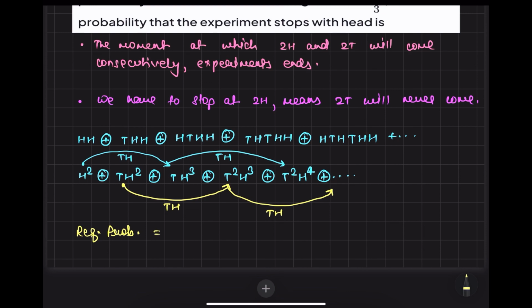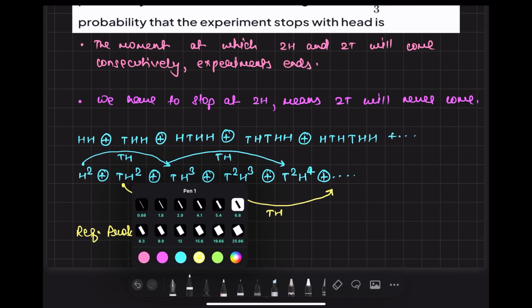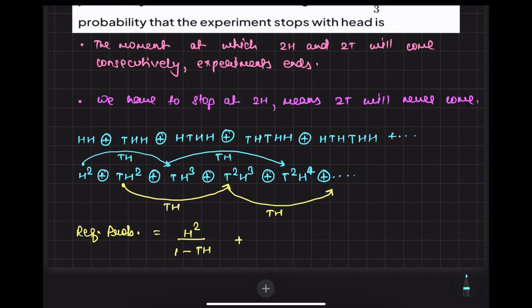equals, I'll go with the blue case first. So it is infinite, so a by 1 minus r, plus now it is the yellow thing, so a by 1 minus tail head.